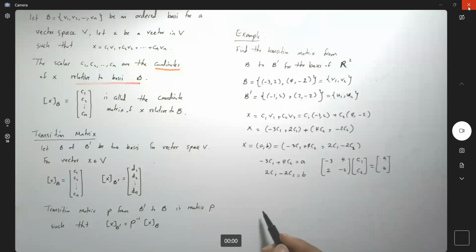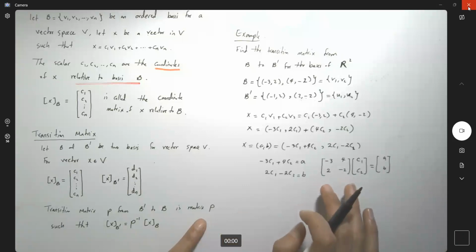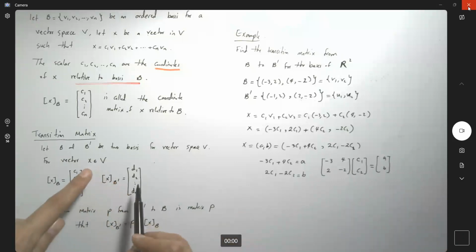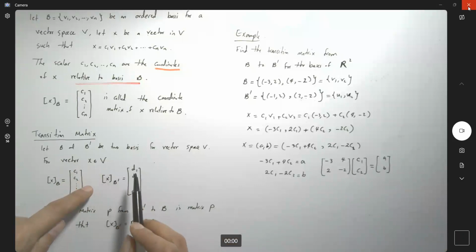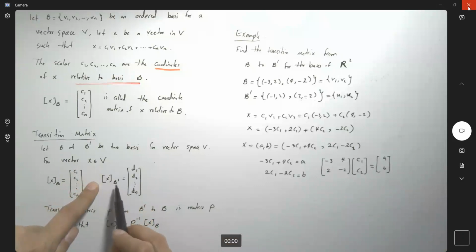Now we want to know what matrix P converts this into a new matrix with the coordinates of vector x with respect to basis B prime.